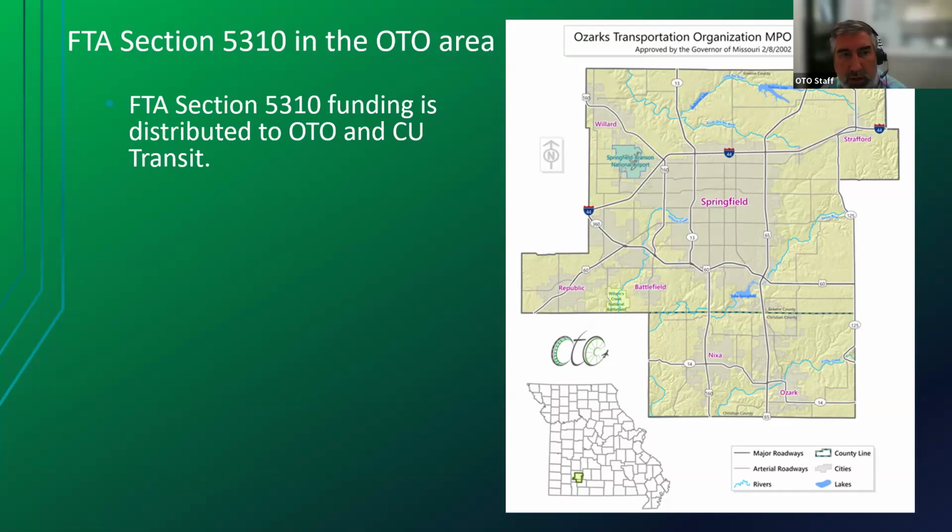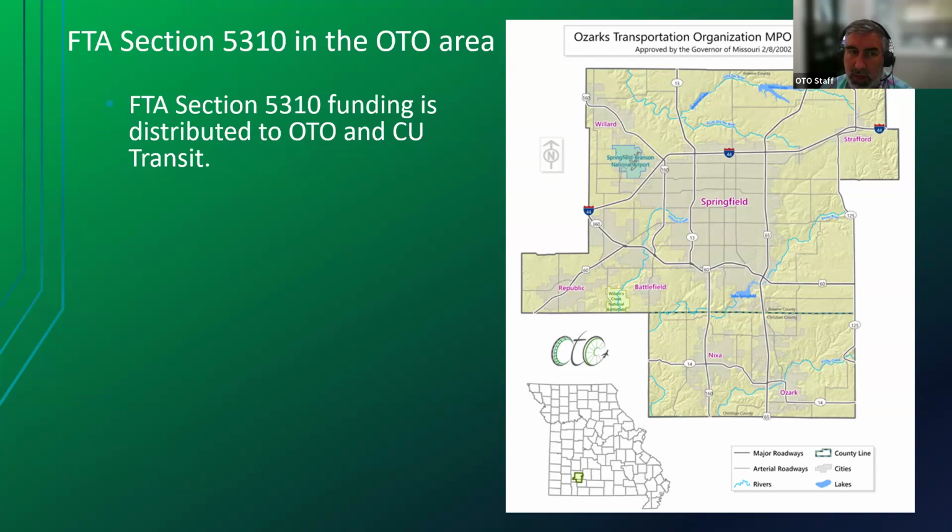And there has been a change to our program in the past. It used to be that OTO, the Ozarks Transportation Organization, only did the call for projects, and then everything else would go to MoDOT. We are now what's called a designated or direct recipient of FTA funds, and that means MoDOT is no longer involved with this funding and future within the program.